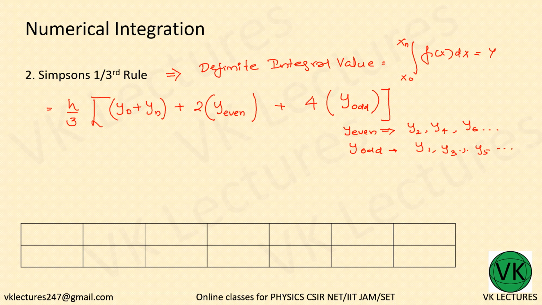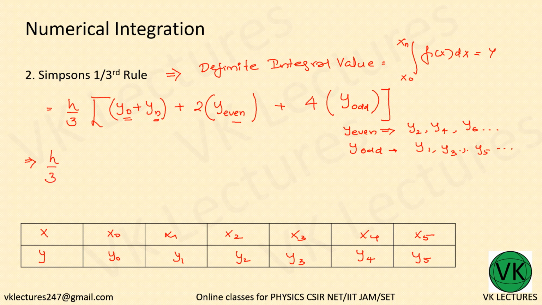Excluding y0 and yn, the y even and y odd terms should not contain the first and the last term. For example, if we have x and the corresponding values of y, x0, x1, x2, x3, x4 and x5, and corresponding values of y are y0, y1, y2, y3, y4 and y5. Here you can write h by 3.